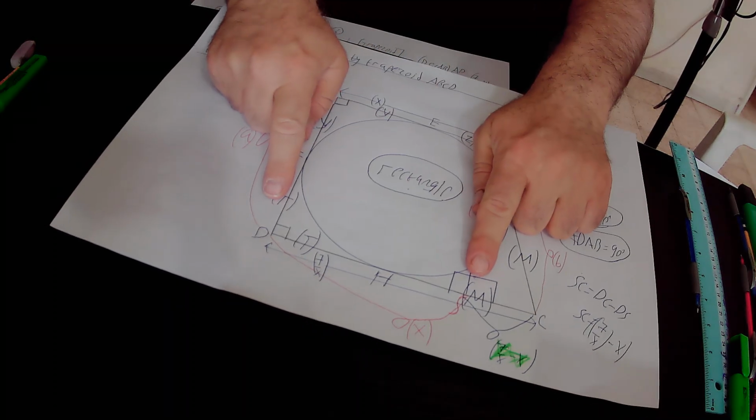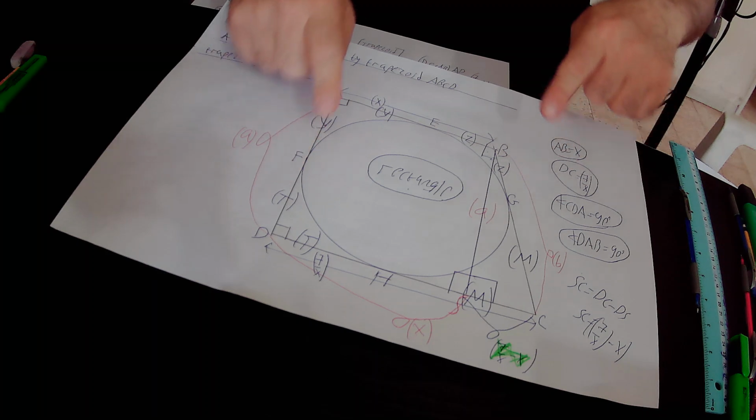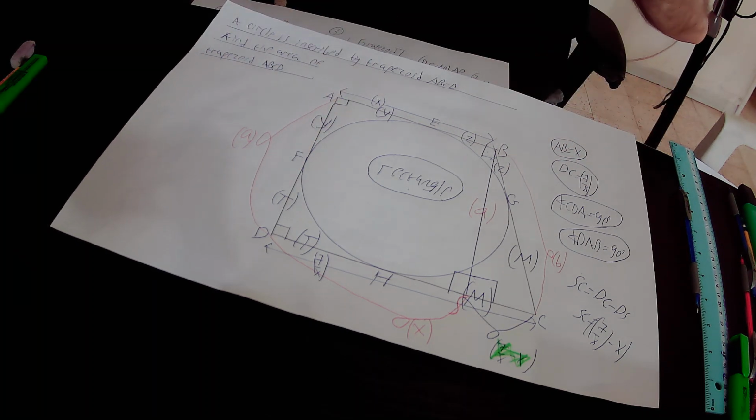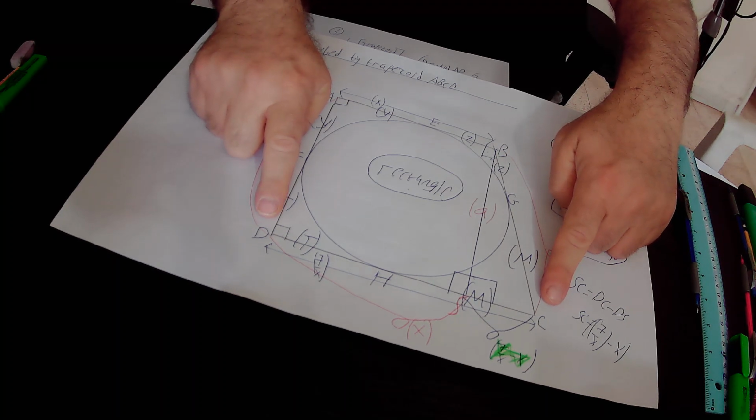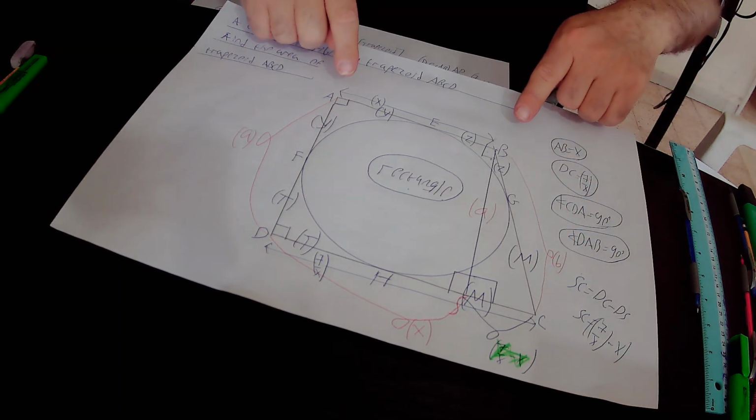But DS is part of the straight line DC, and it's parallel to AB. So if part of a straight line is parallel to another straight line, then the straight line itself, the straight line DC itself, must also be parallel to the other straight line, that is AB.